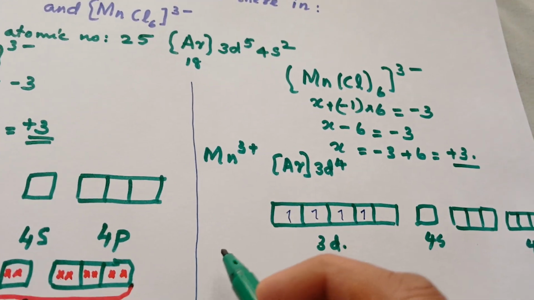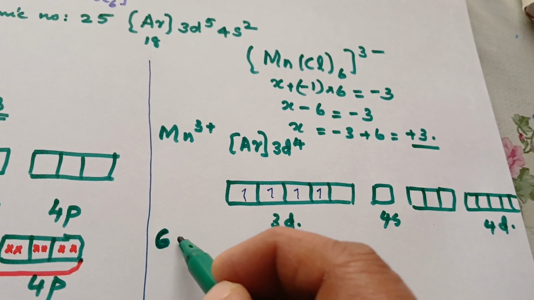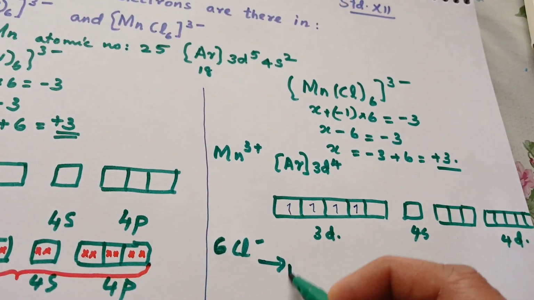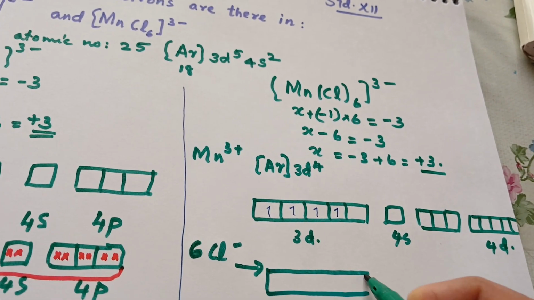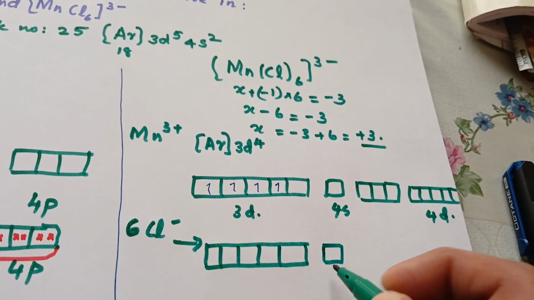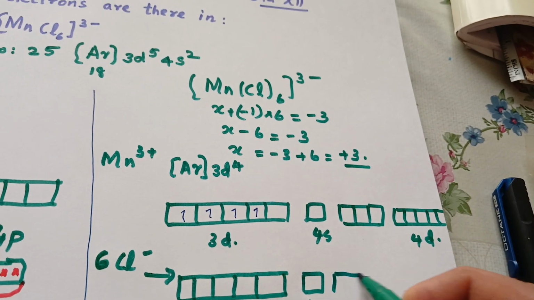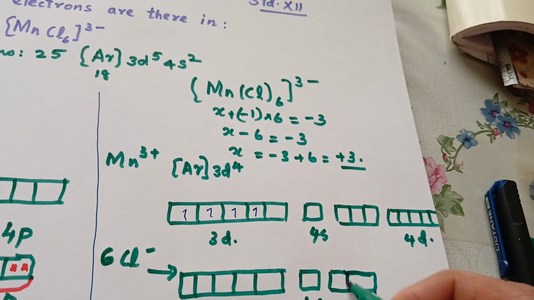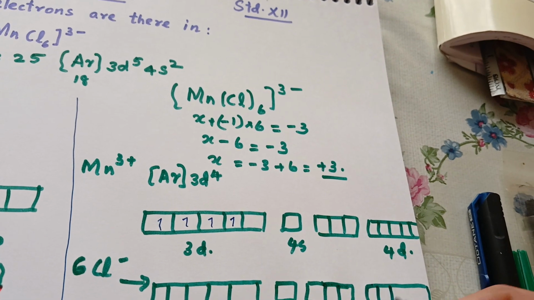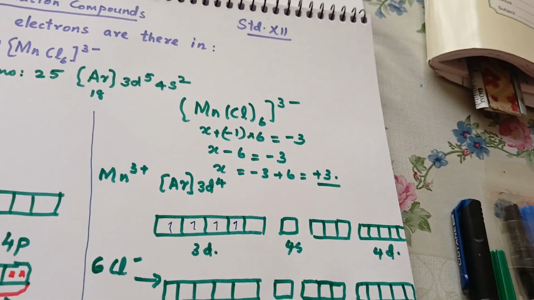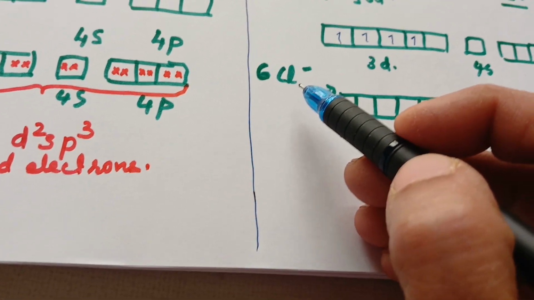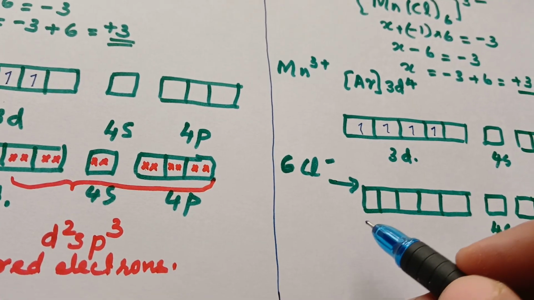Now when the 6 chloride ligands are approaching the central metal atom, we can see what is happening. Six chloride ions are approaching, but chloride ions are not strong, they are weak field ligands.